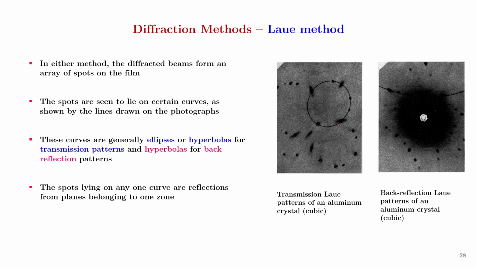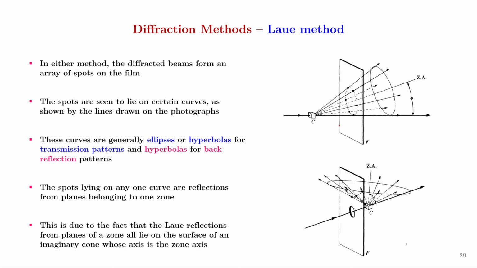The spots lying on any one curve are reflections from planes belonging to one zone. This is due to the fact that the Laue reflections from planes of a zone all lie on the surface of an imaginary cone whose axis is the zone axis.